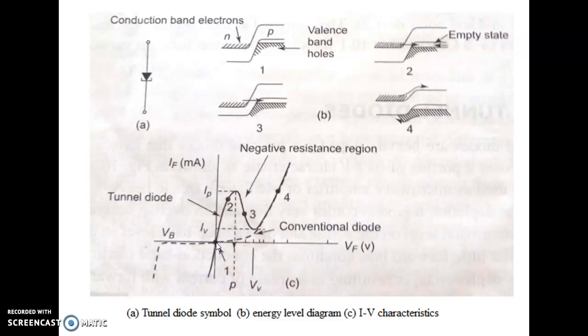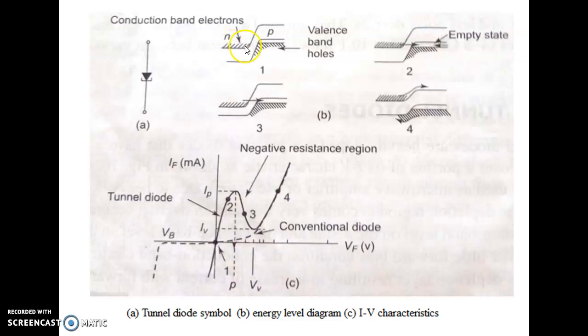Now let's see what will happen if you apply some voltage. Before seeing how it operates, let's note one thing. On this side, which is n plus, below the Fermi level, you will have a lot of conduction electrons.